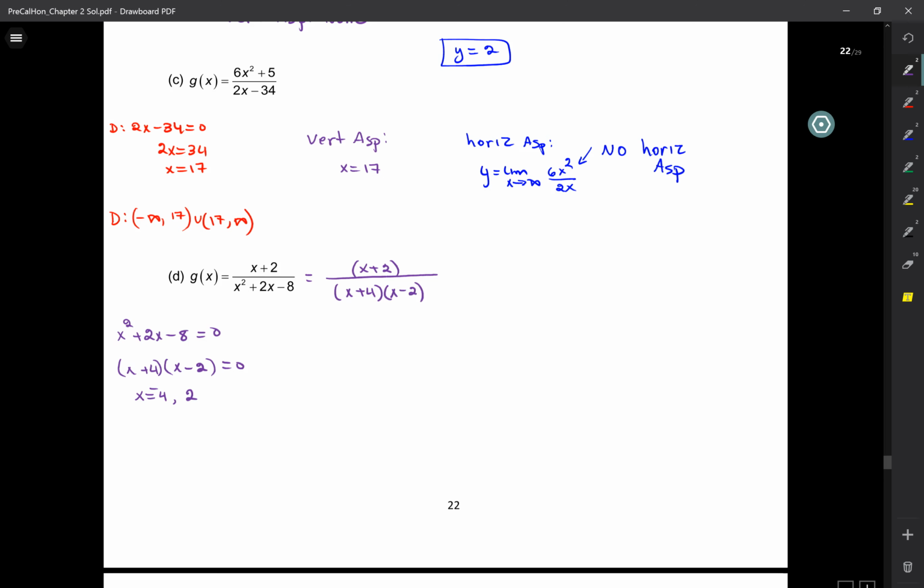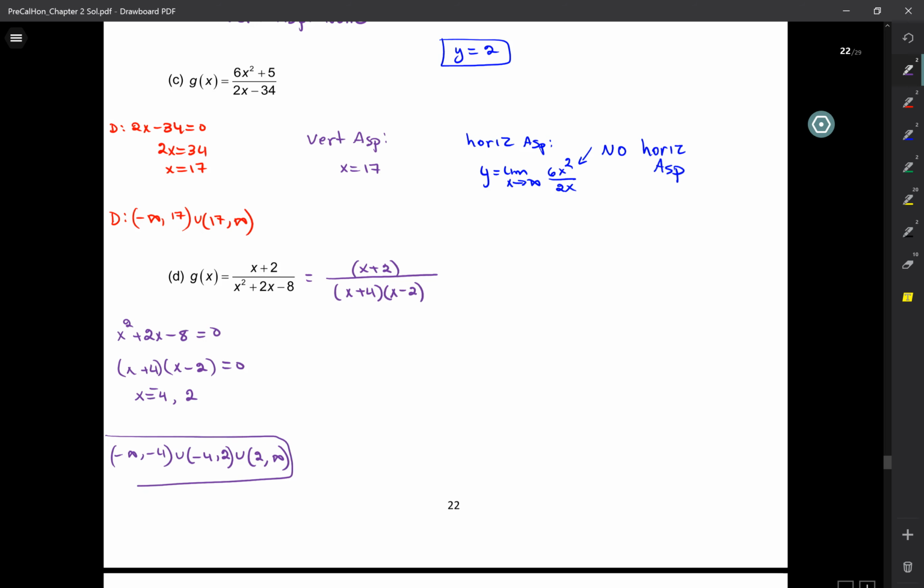Now, at x equals -4 and at x equals 2, there are discontinuities. The denominator is 0. That means my domain cannot include -4 or 2. So it goes from -infinity to -4, -4 to 2, and 2 to infinity. That's the domain.